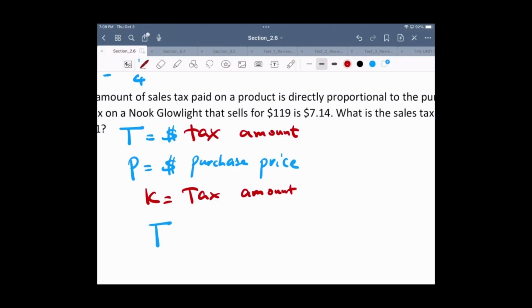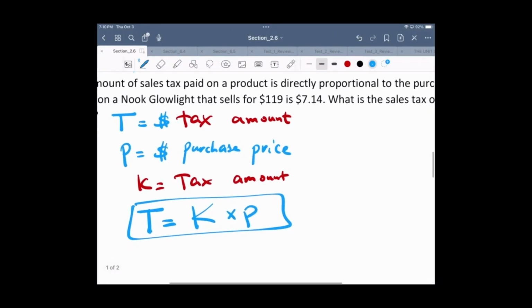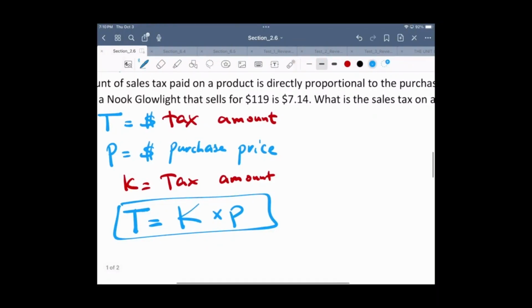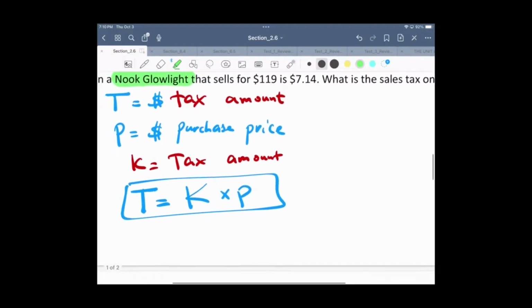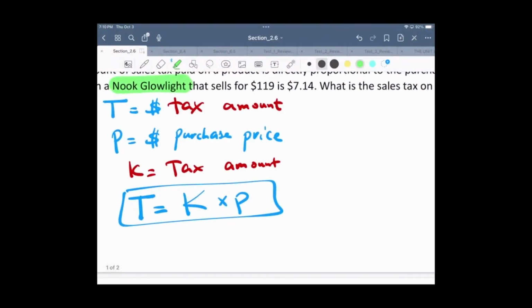And so T would be equal to K, the tax amount, times P, right? This would be the formula for calculating that. So for this particular example of the glow light, the sales tax was calculated as $7.14 equals K times the price, which is $119, right?